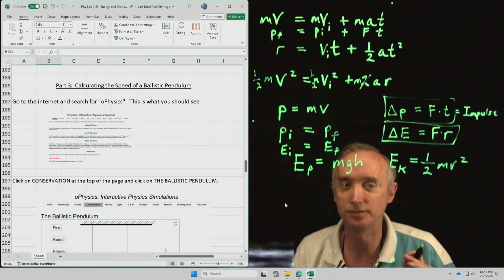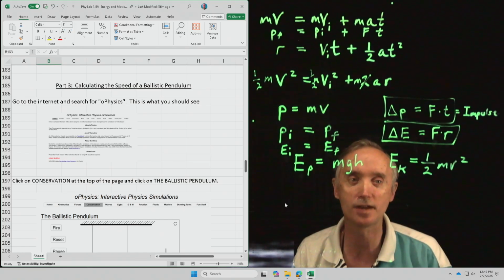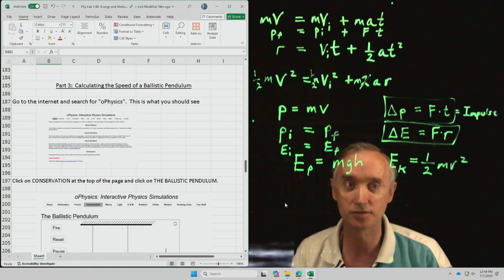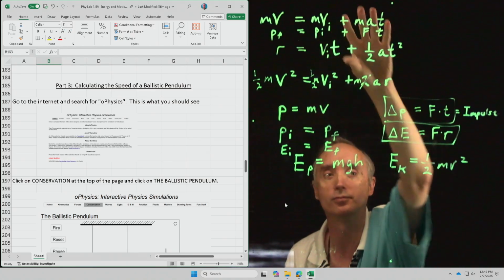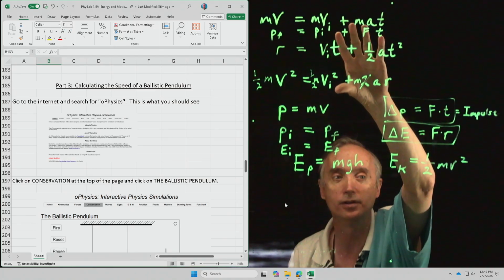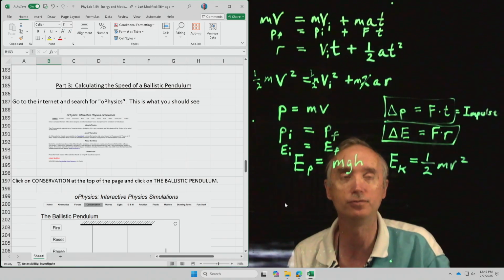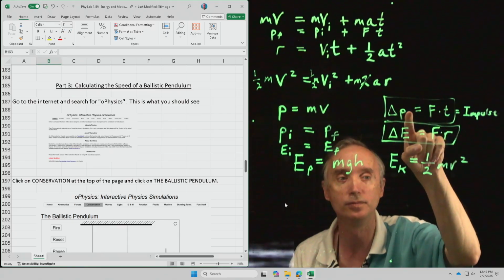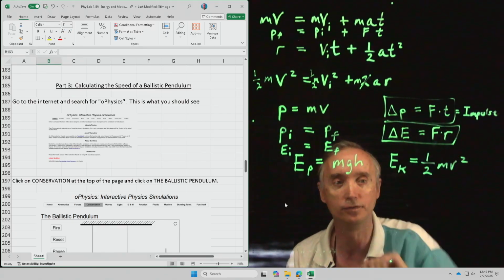Did you? You better be oohing and ahhing, because that's good physics right there. These equations for motion are really trying to tell you conservation of momentum and then conservation of energy.